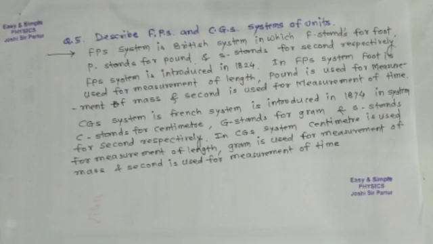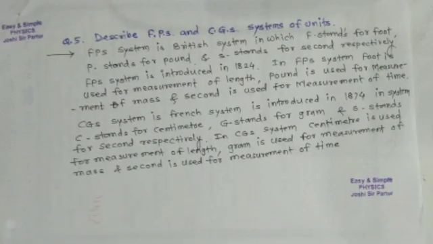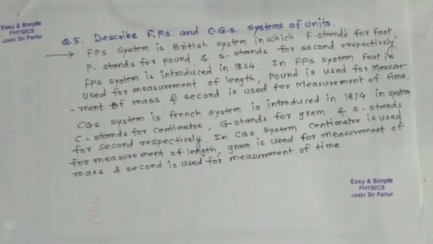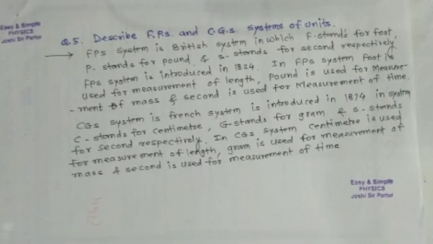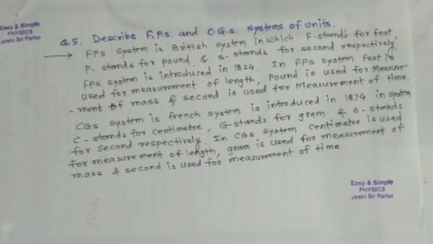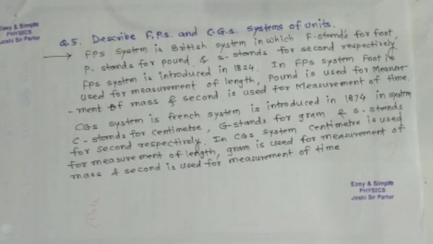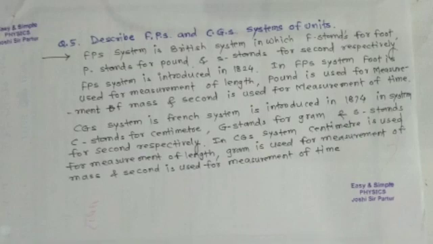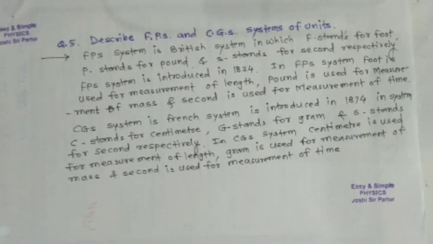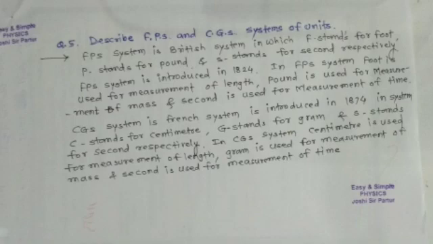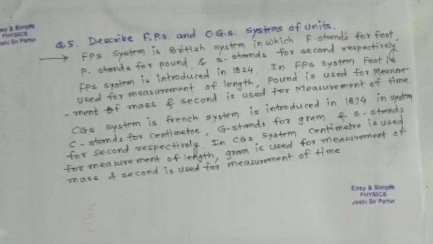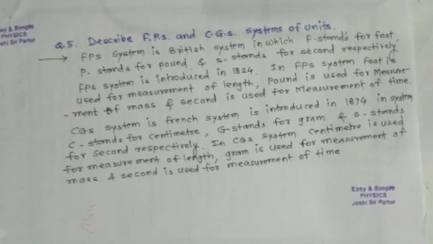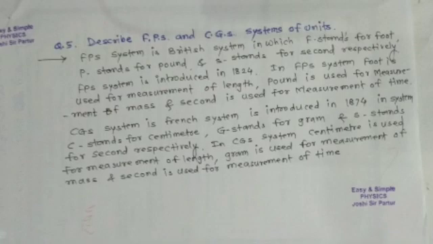Question number 5. Describe FPS and CGS systems of units. Answer: FPS system is the British system, in which F stands for foot, P stands for pound, S stands for second, respectively.